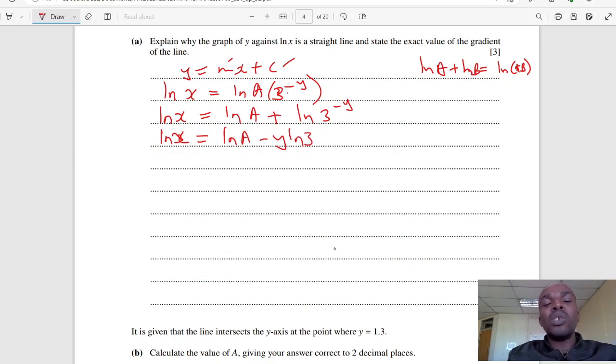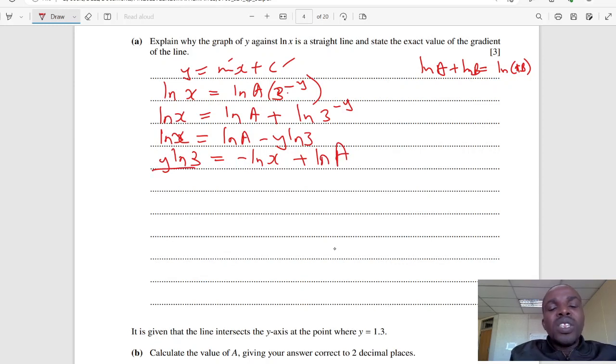Remember, we want to find y and we must have ln x. So you can take y ln 3 to this side, then ln x on the other side with a minus, then plus ln a. We're trying to express it in the form y = mx + c.